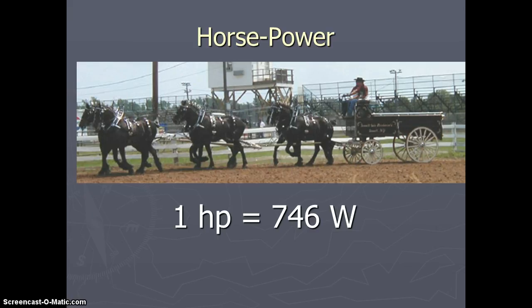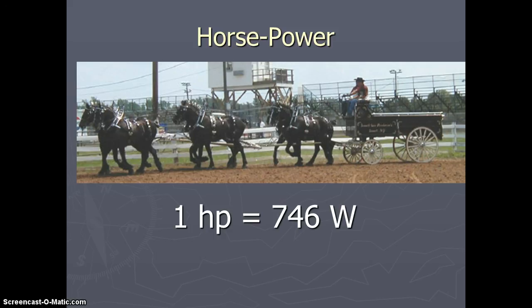1 horsepower is equal to 746 watts. And the horsepower originally came from James Watt. The first steam engines, one of the jobs that it was doing was removing water from a mine, pumping water up and out of a mine. And he decided that a good way to market this would be to compare how his steam engine did against the effort that a horse would have to put in.